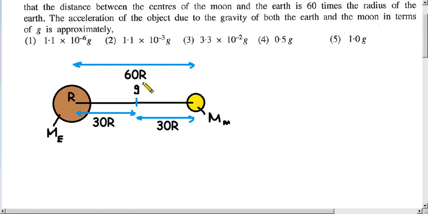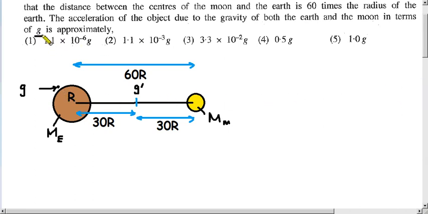we denote it by g dash because this g dash is something different from what we write as simple g, because simple g is the acceleration at a point very close to the Earth's surface. So here simple g is for a point very close to the surface of the Earth.